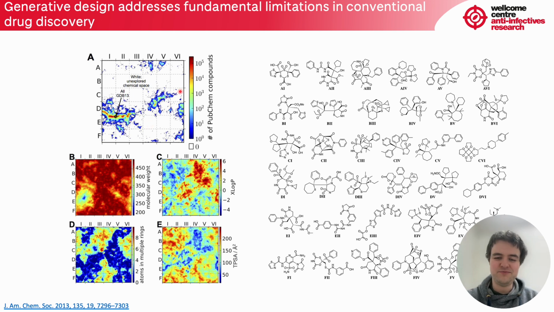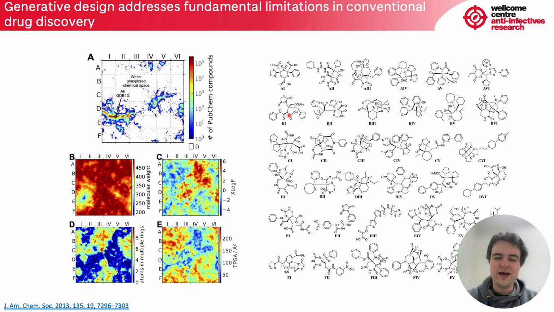One of the interesting papers that explores this is where the authors went away and tried to explore the edges and depths of chemical space, pushing generative design to the limit. What they found was that the majority of chemical space has been underexplored. Everywhere that you see a color on this plot is somewhere that we have made a compound, in this case from PubChem, and you can see there is an awful lot of white areas which are unexplored chemical space.